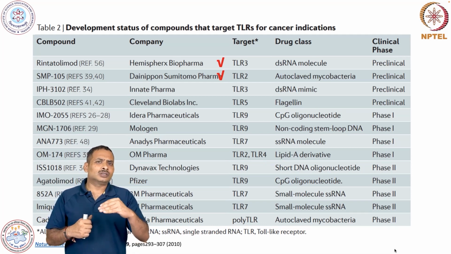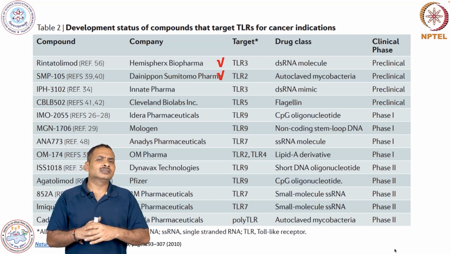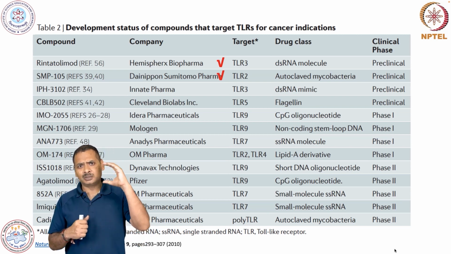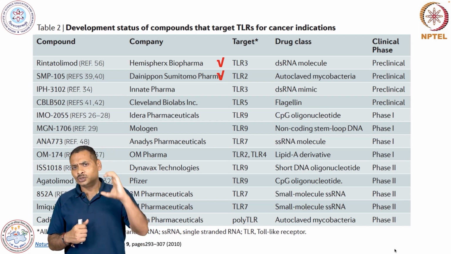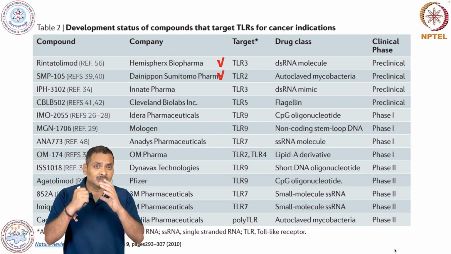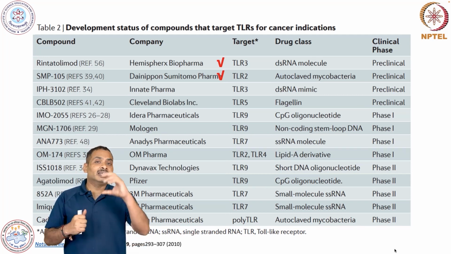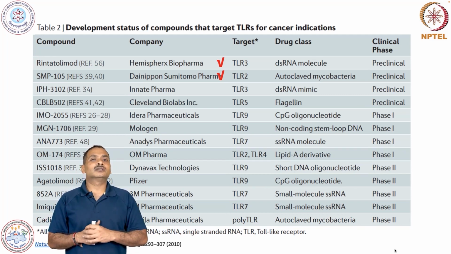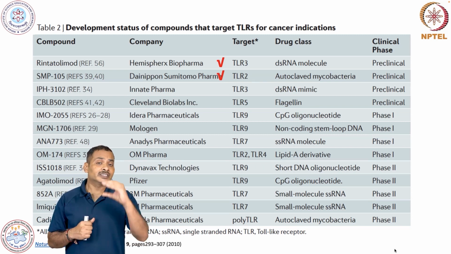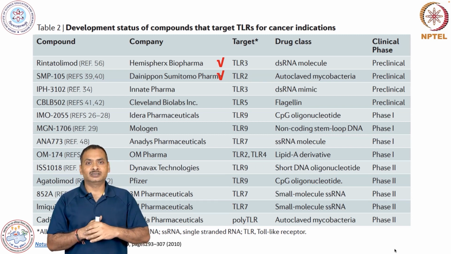So if you are challenging some antigen in mice, this Freund's complete adjuvant is used only in animals or in mouse, okay. It is not used in humans, please remember this. And Freund's complete adjuvant consists of heat killed mycobacteria, okay.